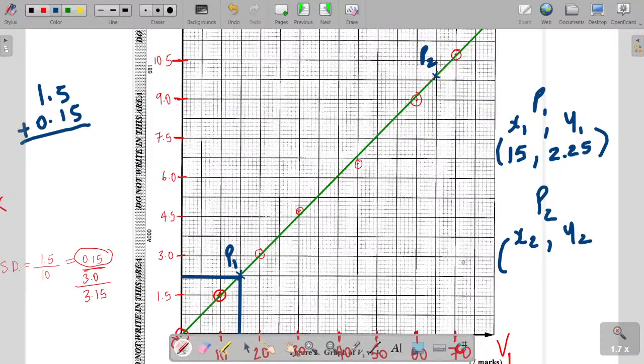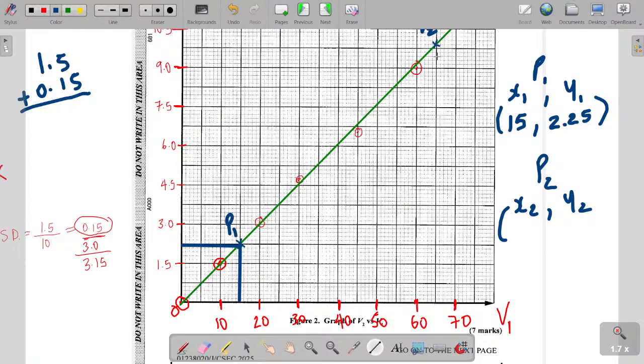So what is our x2? We'll just take this mark and bring it all the way down here. So x2 is 65. And for y2, we bring across this point, and it's going to be the 6th mark after the 9.